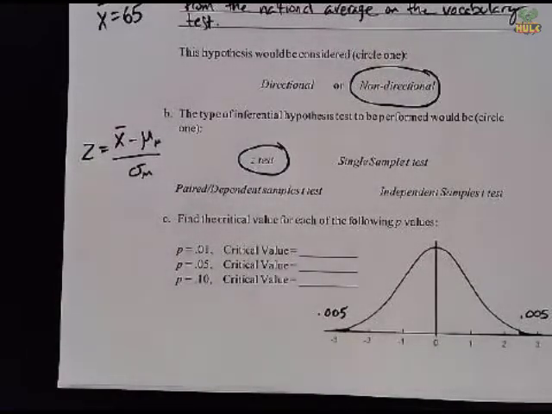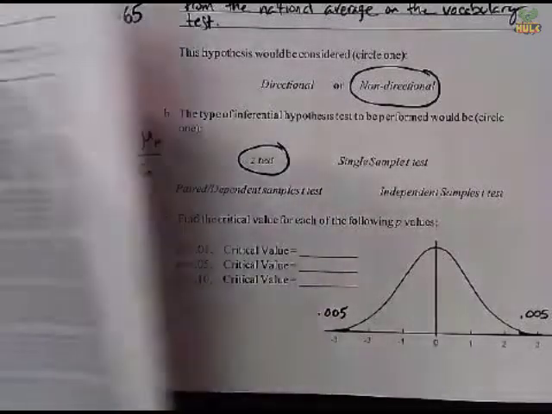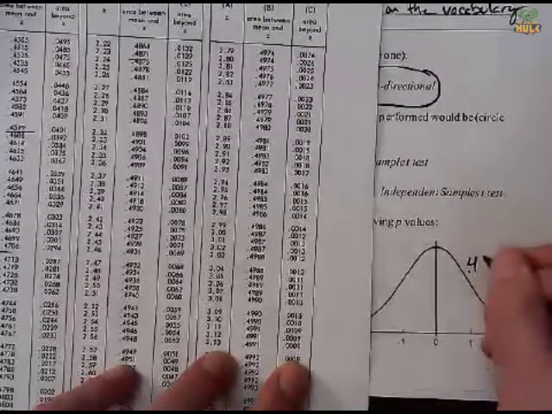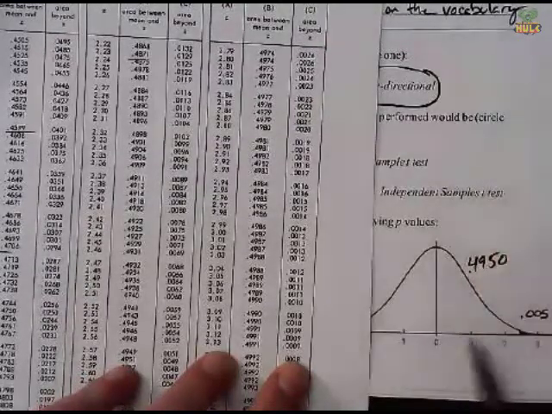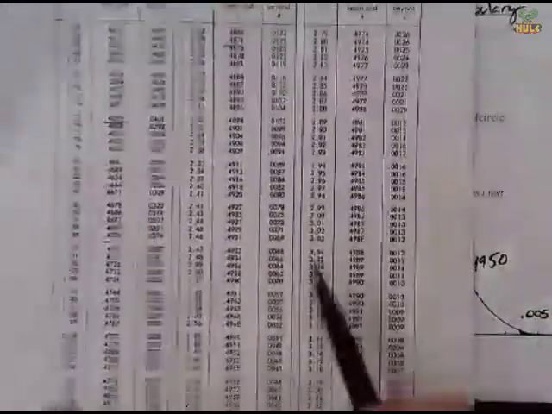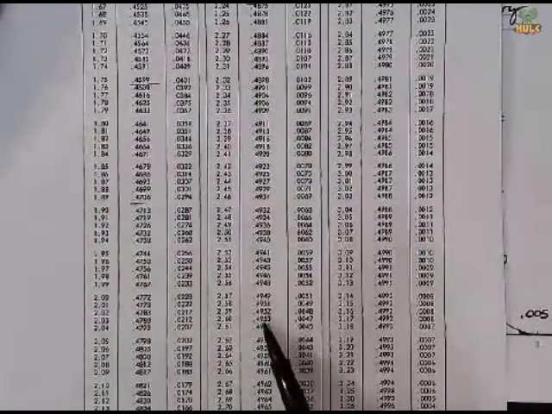So now we need to find a value that corresponds to when there is that small of an amount in that tail, right? What's the z-score going to be? That means, for reference, that 0.4950 would be in the center of the distribution, right, on both sides. So that's what we're going to look for, a value close to 0.4950.